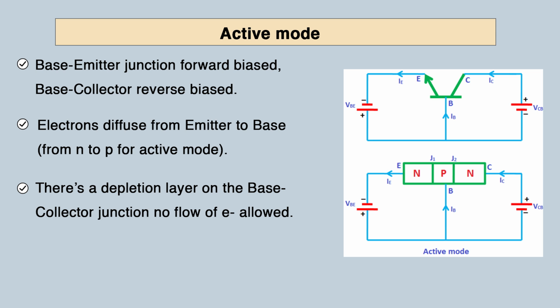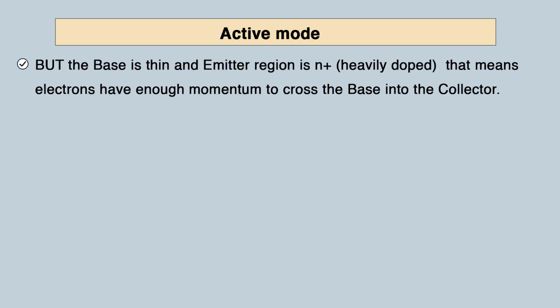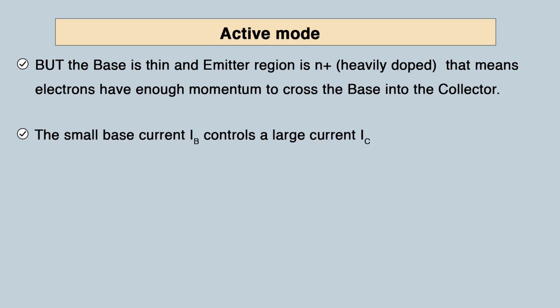Now, there is a depletion layer in the base collector junction. So, no flow of electrons would be allowed, but the base is thin and the emitter region is heavily doped. That means the electrons have enough momentum to cross the base into the collector. The small base current IB controls the current IC.